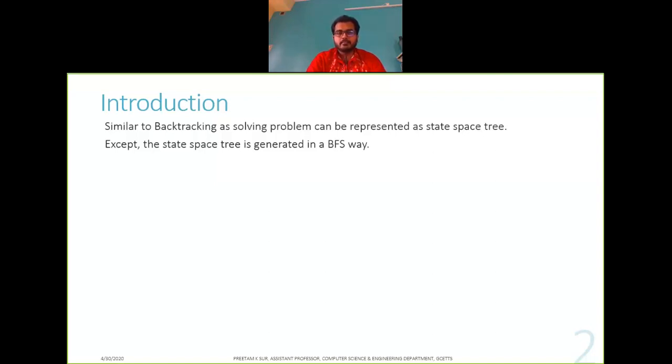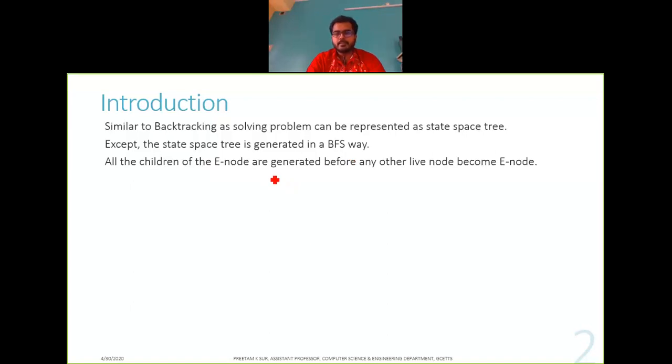Okay, so this is the depth first way, but here we'll have the BFS way. We'll see how the state space tree is being searched in branch and bound. In branch and bound, all the children of an e node, or expanding node, are generated before any other live node becomes e node.